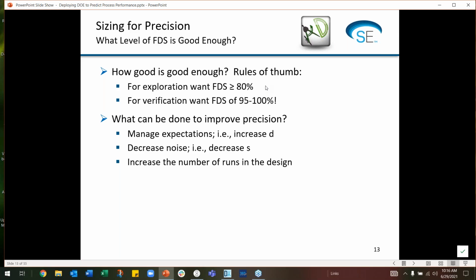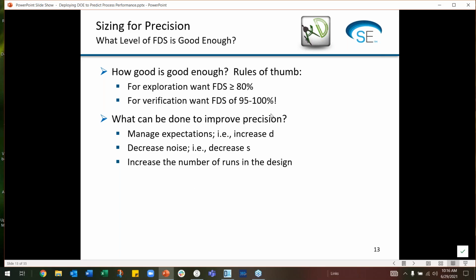So that you have at least 80% of the design space giving you the predictions that you want. If your goal is to verify or validate an entire region, then you would want the FDS to be closer to 95 to 100%. So the desired FDS does depend on what the objective is of your experiment.